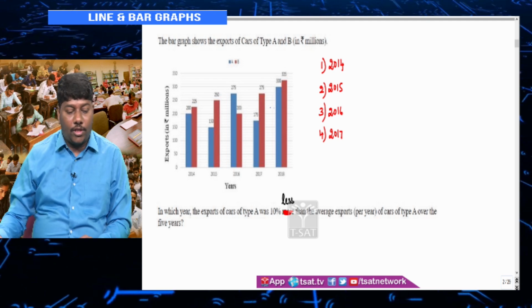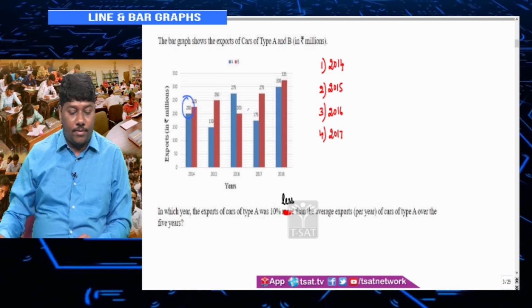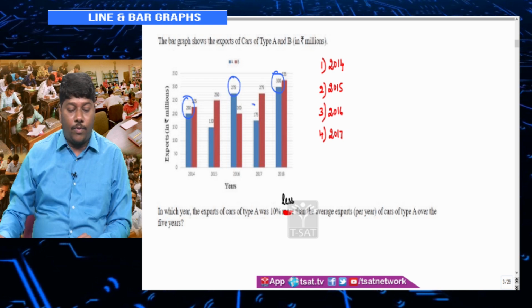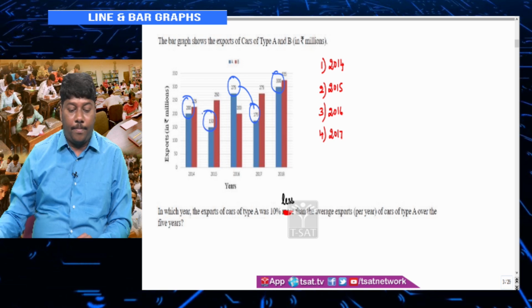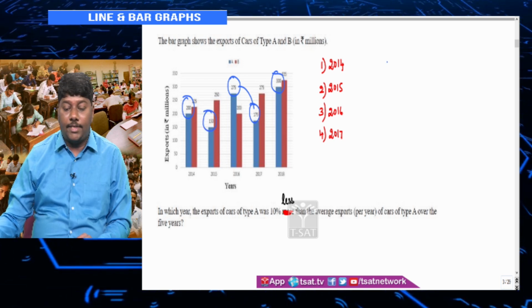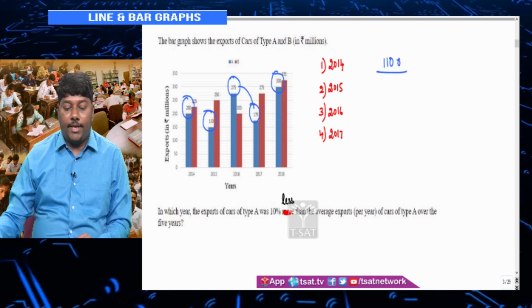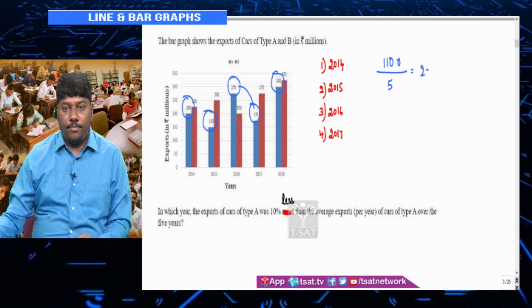A starting with 200. Round figures you can add. 200 plus 300 is 500, 275 plus 175 is 450, then you have 150. So 600 plus 500 is 1100. 1100 is the total, but the average is divided by 5, then you get 220.